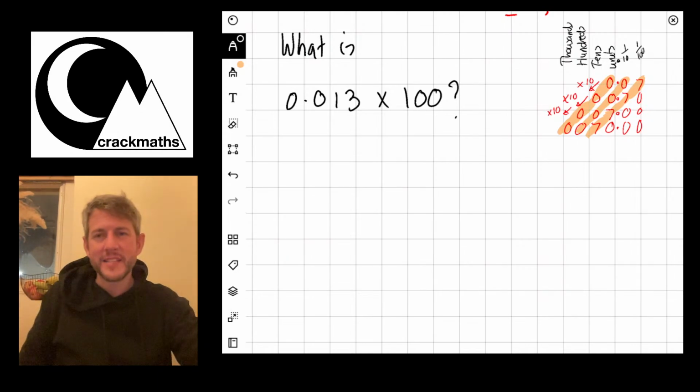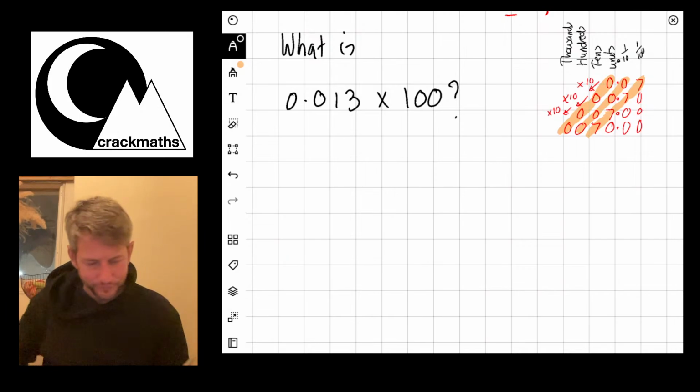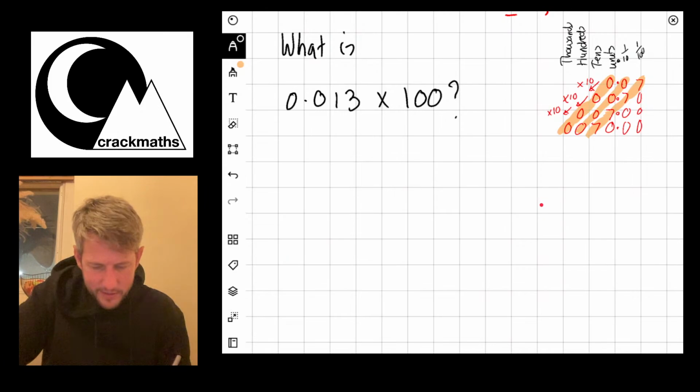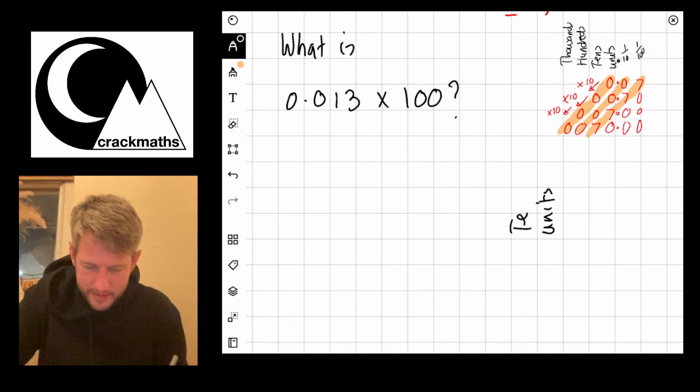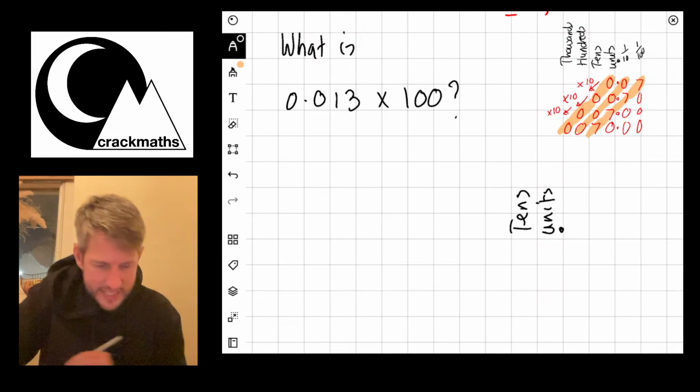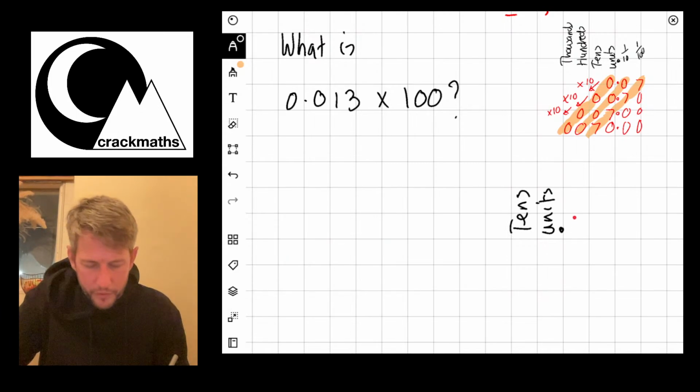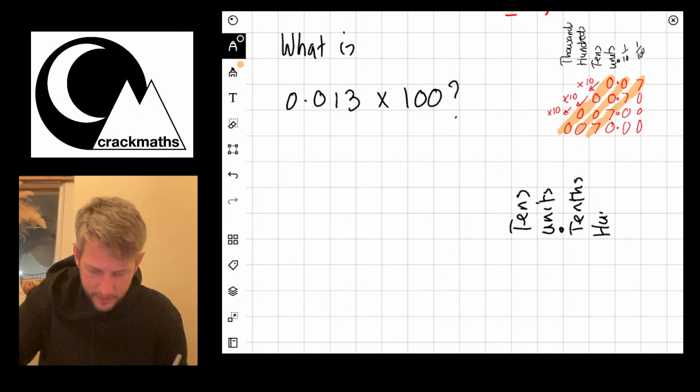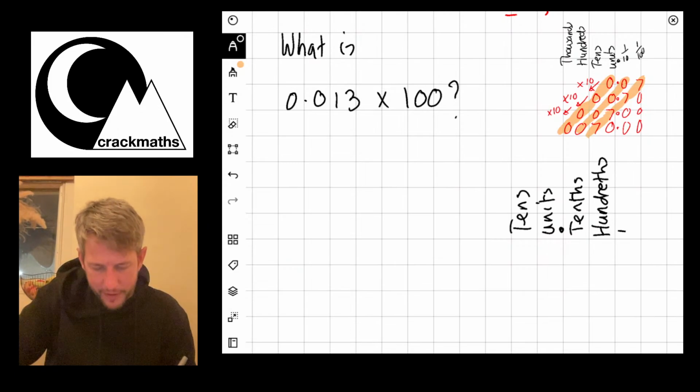And see what you can do. I'm going to start setting up the scaffolding for it. So we've got units, we've got tens, we've got the decimal point, we've got tenths, we've got hundredths, we've got thousandths.